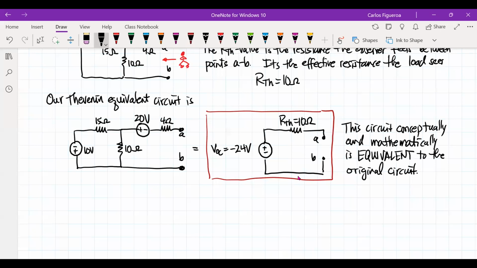And you could clearly see that it's much easier to deal with than the circuit on the left. Okay, so let's calculate this guy now. Let's look at method 2. And here we're going to calculate RTH, where we're going to take the ratio of VOC over I short circuit.